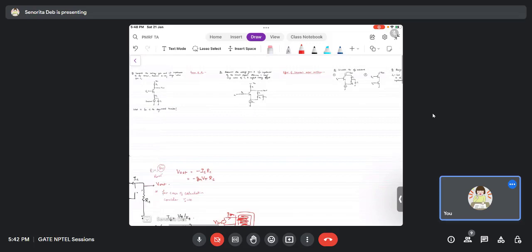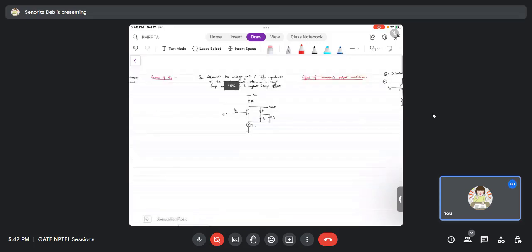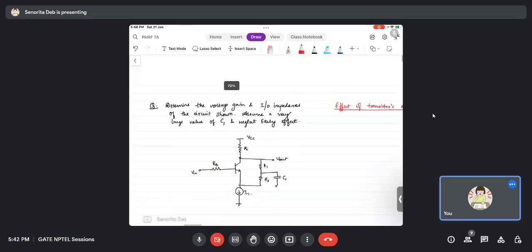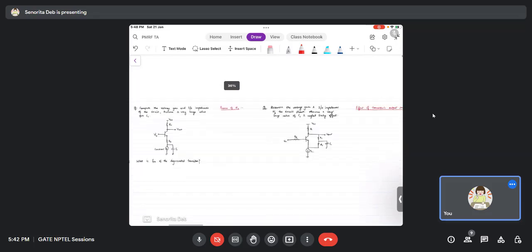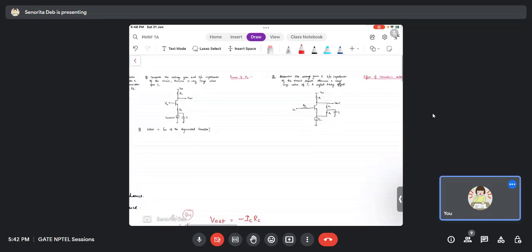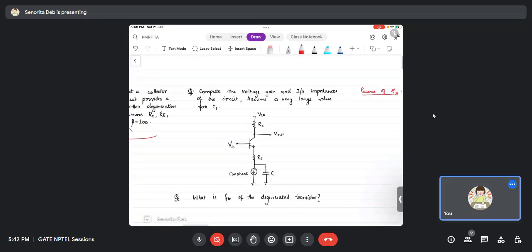Now, suppose I have this figure. So in this figure, what will happen? If the value of C1 is very large, that means around infinity. Value of C1 is very large.